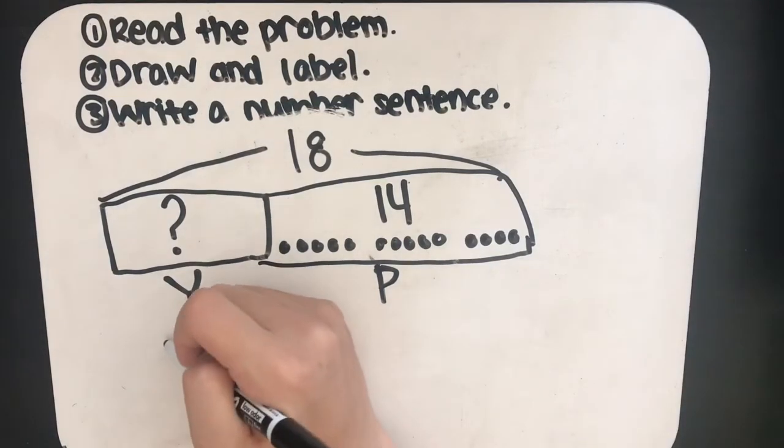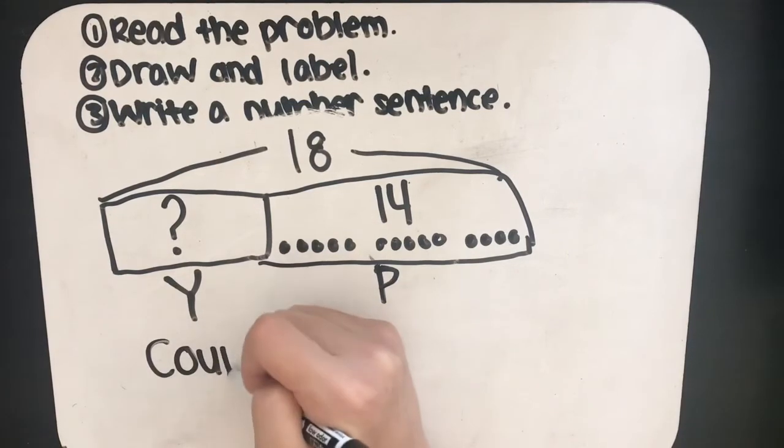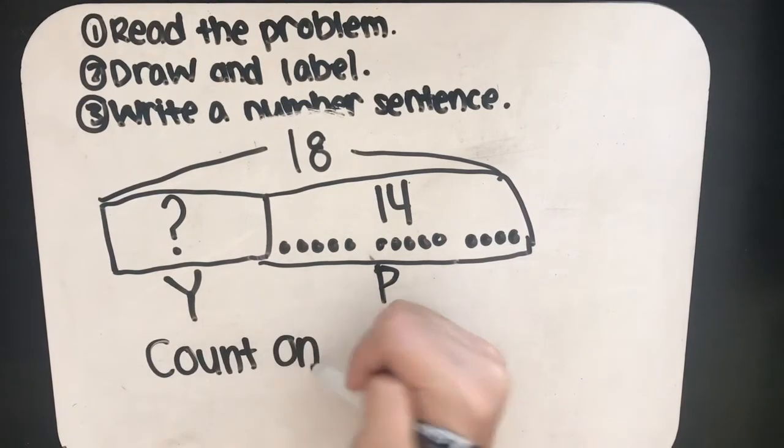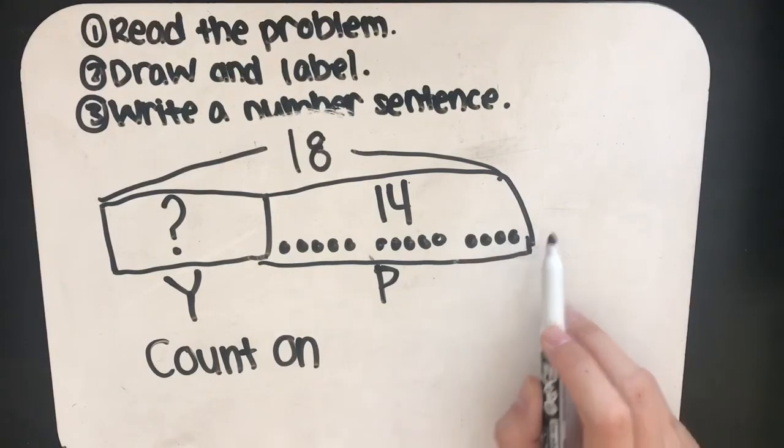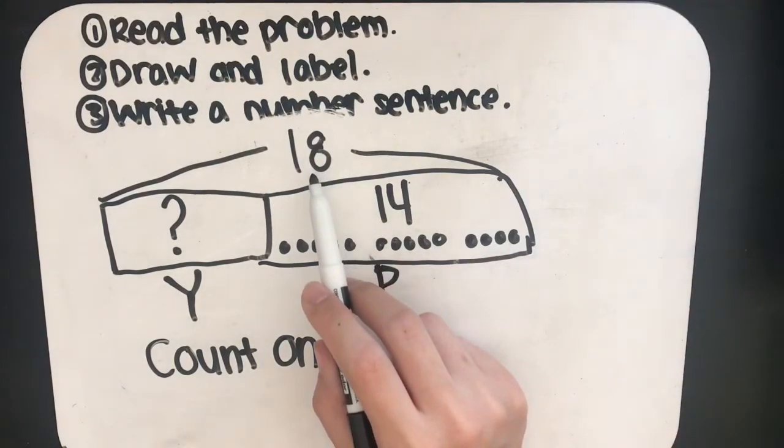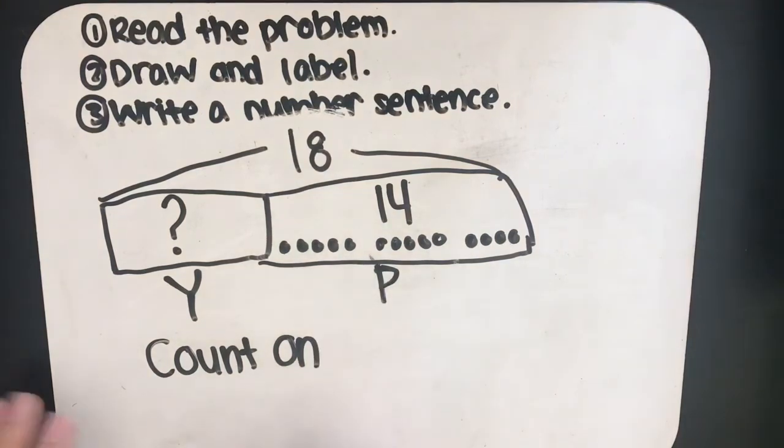We can either count on, where we can count on from 14 and see how many times we count on before we get to 18.